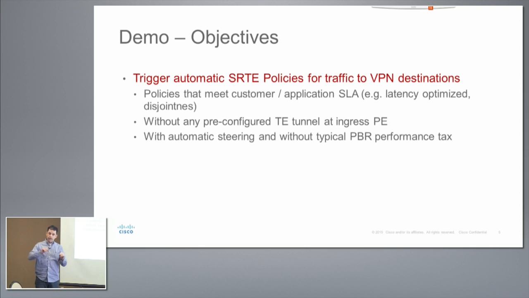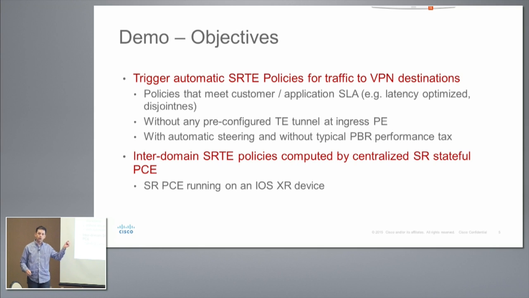The use case that we're going to show you is a high-scale multi-domain network where there is no connectivity between the endpoints. So the head end cannot compute a policy to get to the destination. It needs to go up and ask a controller for the computation. We're going to be asking a segment routing stateful PCE server: give me a transport LSP to my tail end, which is my BGP next hop.